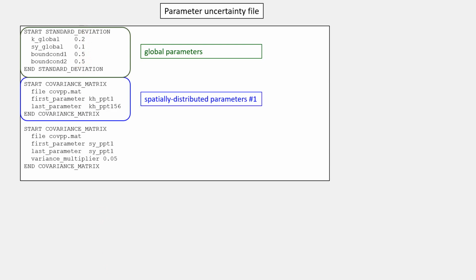And then, more often than not, spatially distributed parameters will have covariance matrices assigned to them. So that will be done through covariance matrix blocks. So this then is our parameter uncertainty file, exactly the same as the file that we'd use if we were using IES for history matching.